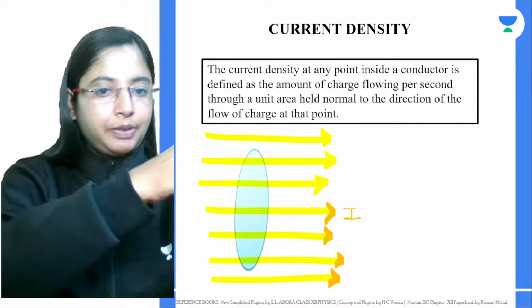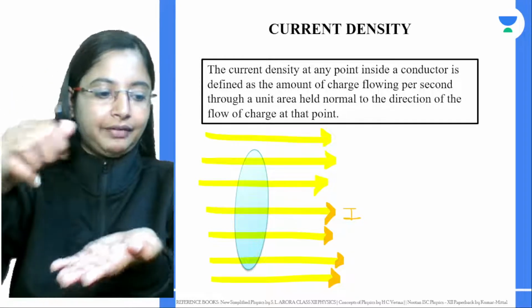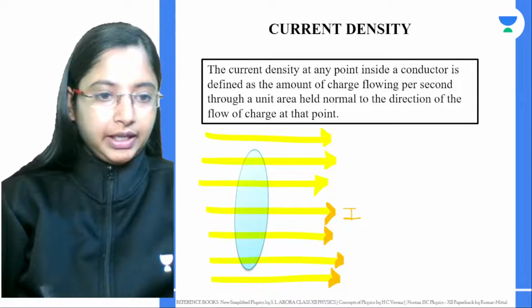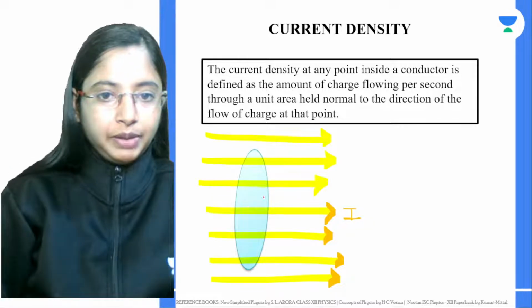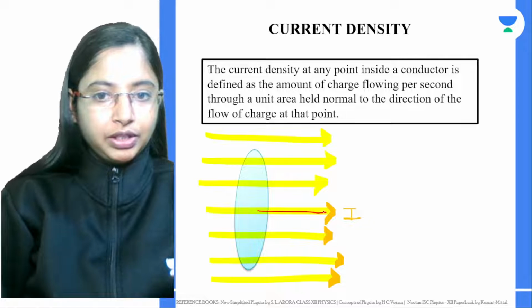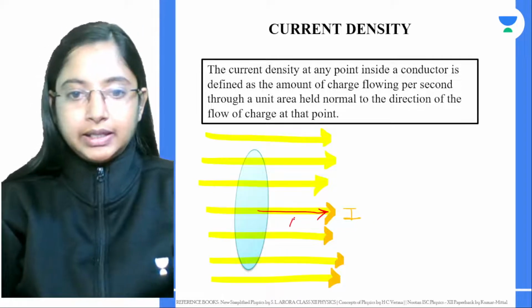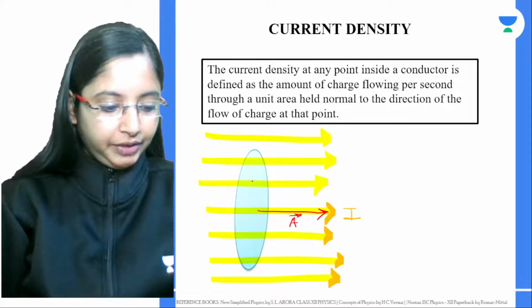If this is my area, then perpendicular to this particular surface, which is basically this side, will be my area vector. Let's say this area vector is given by A, for the given area.